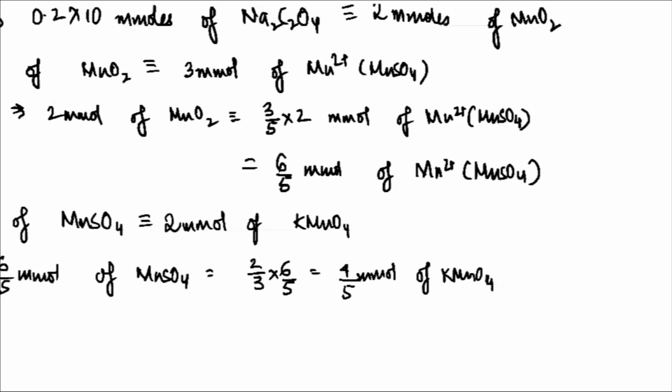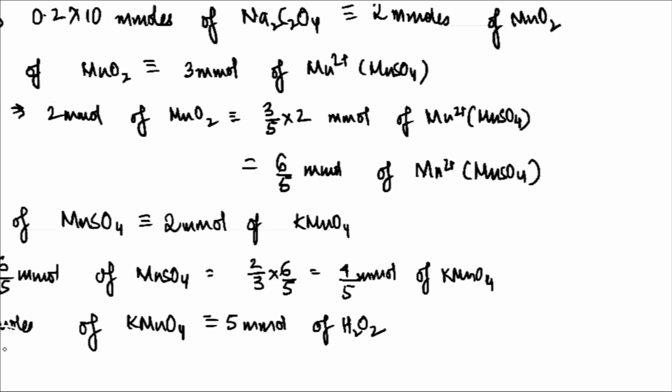Now, the same amount of KMnO4 reacts completely with H2O2. Therefore, from equation 1, 2 millimoles of KMnO4 is congruent to 5 millimoles of H2O2.